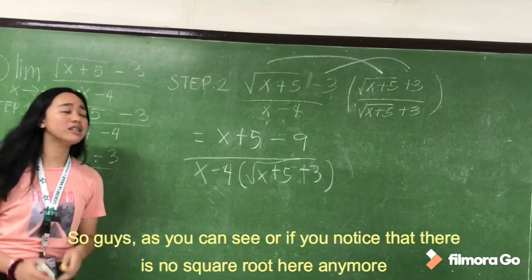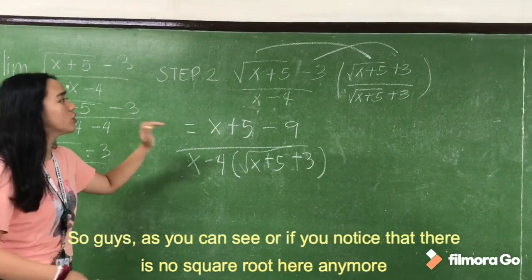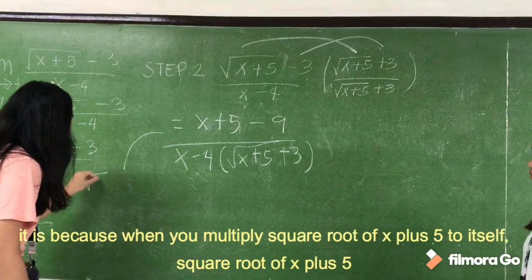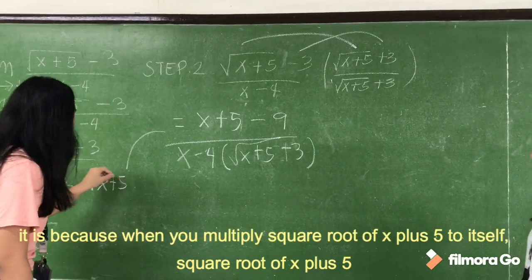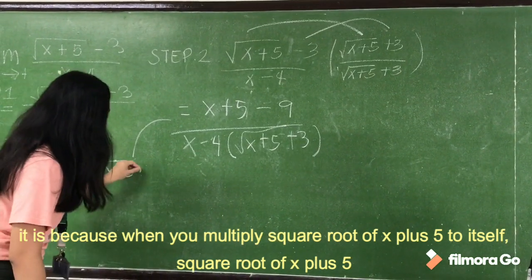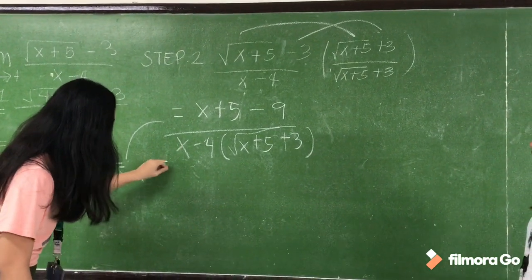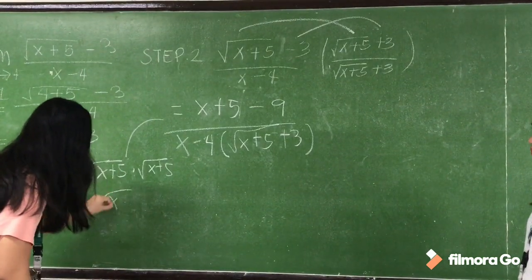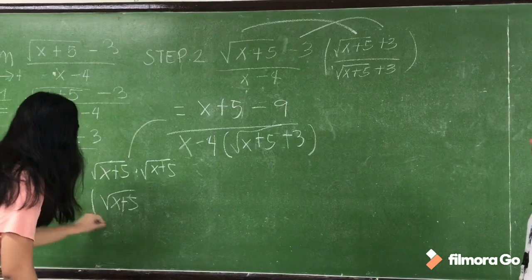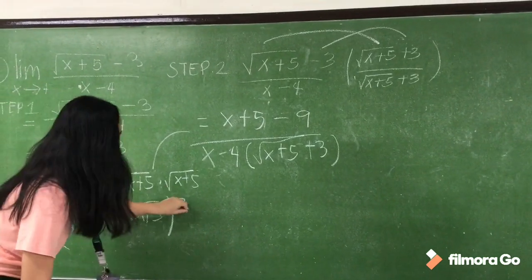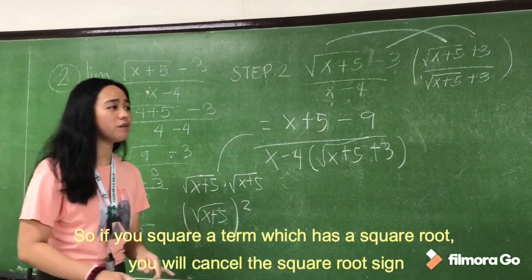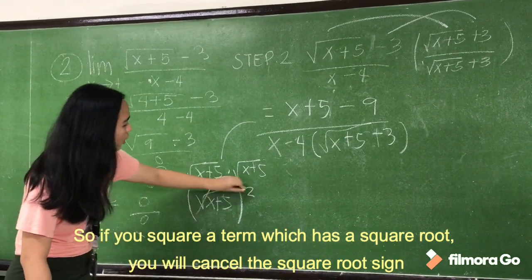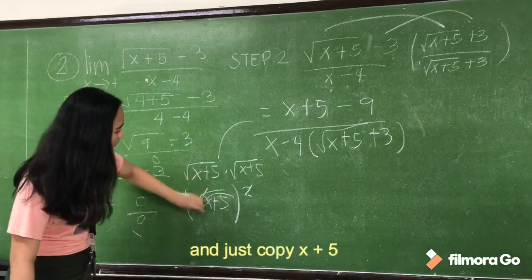So guys, as you can see, there is no square root here anymore. It is because when you multiply square root of x plus 5 by itself, it will be squared. So if you square a term which has a square root, you will cancel the square root and just keep what is inside.